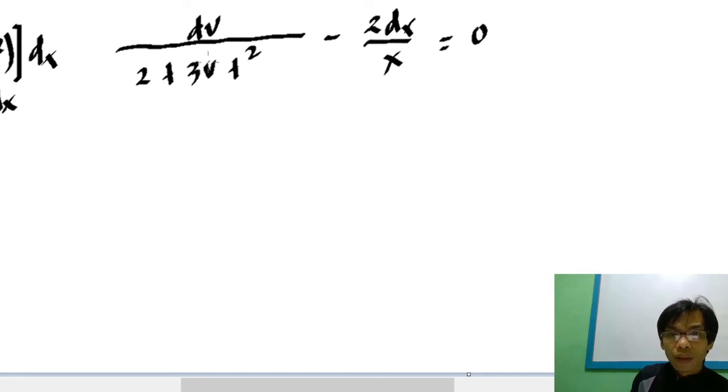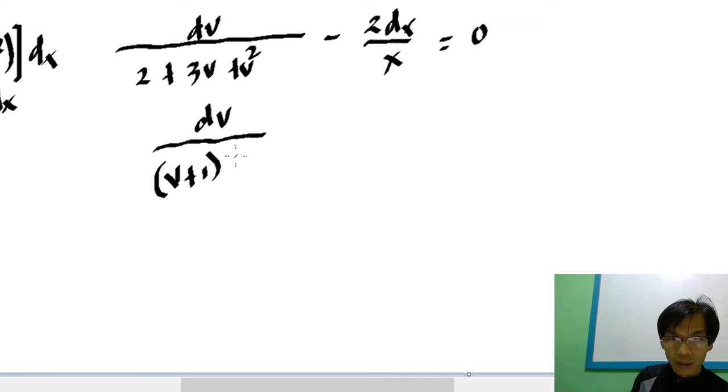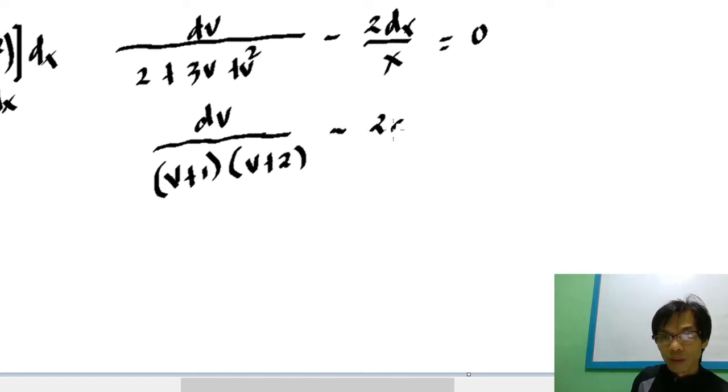Now, we have to simplify this one by factoring this out. So dv over, in algebra, we can actually factor this out into (v plus 1) and then (v plus 2), minus 2 dx over x, and that is equal to 0.